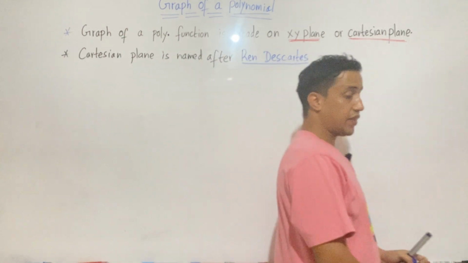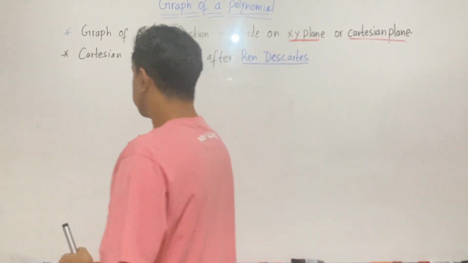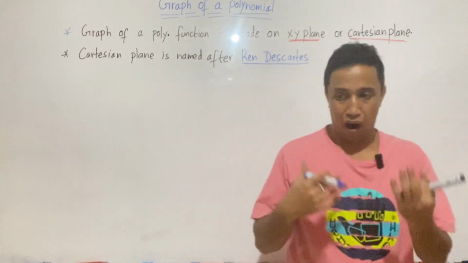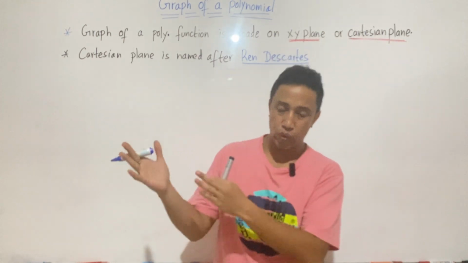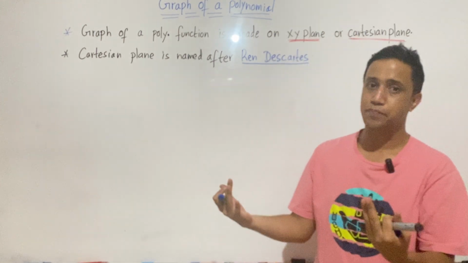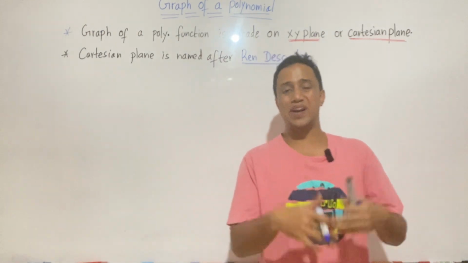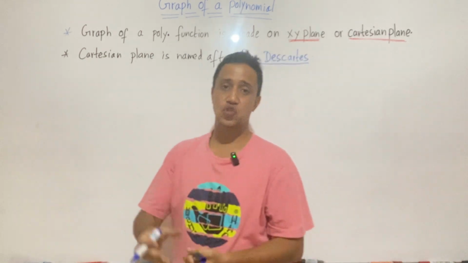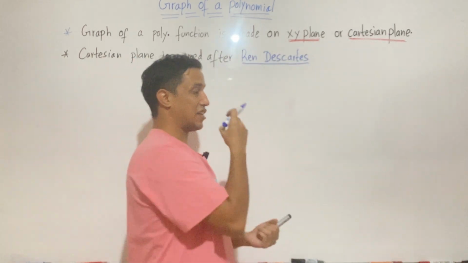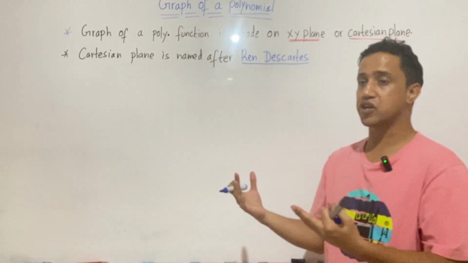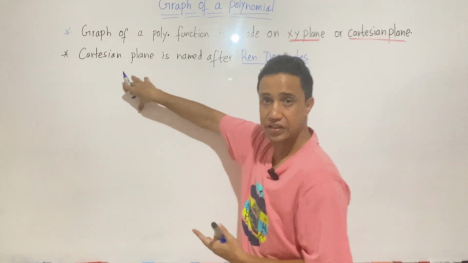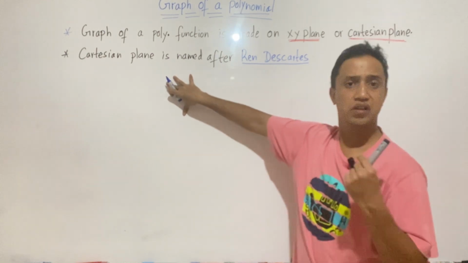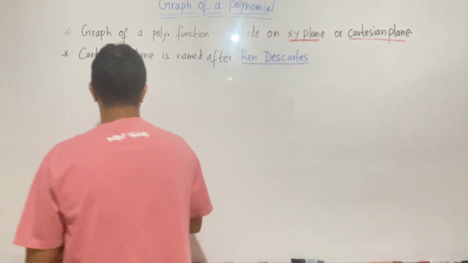Then, on this xy plane or Cartesian plane, when we draw the graph of any polynomial, the end product that we get after doing all the things on this plane is known as a curve.